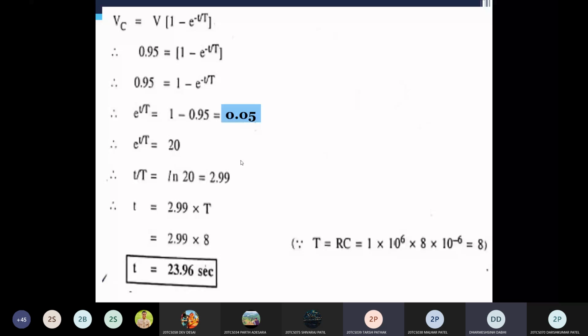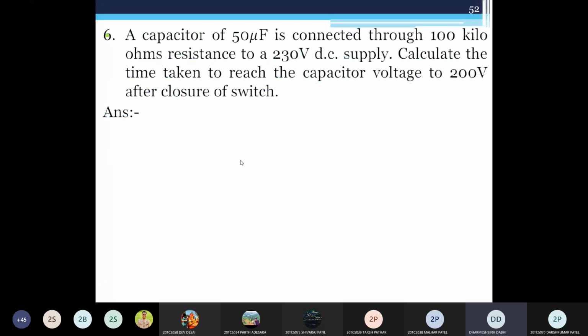Yes, sir. Okay, next example: a capacitor of 50 microfarad is connected through a 100 kilo ohm resistance to a 230 volt DC supply. Calculate the time taken for the capacitor voltage to reach 200 volt after the closure of the switch.